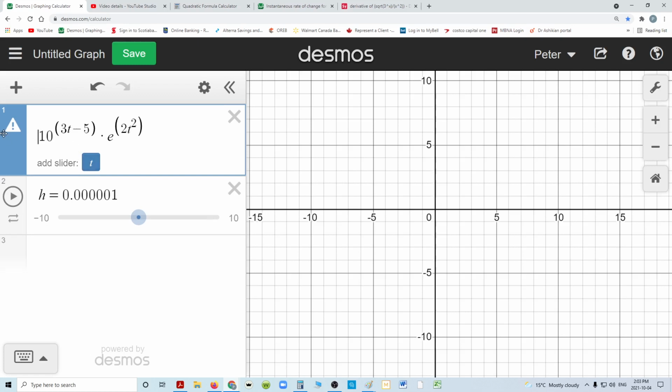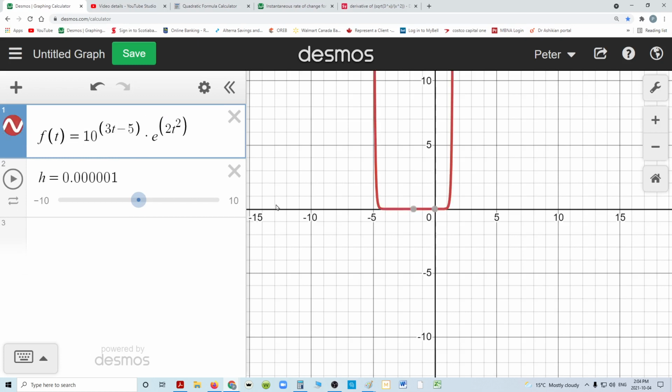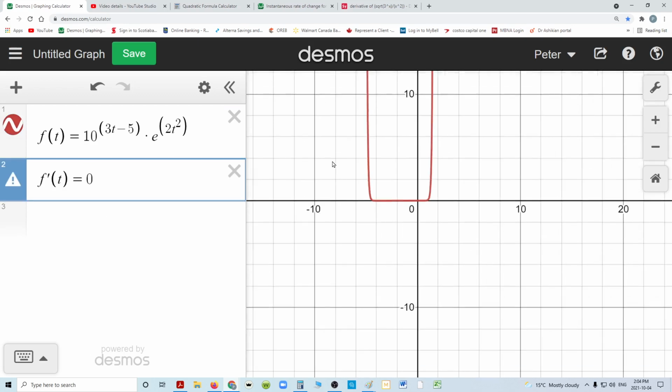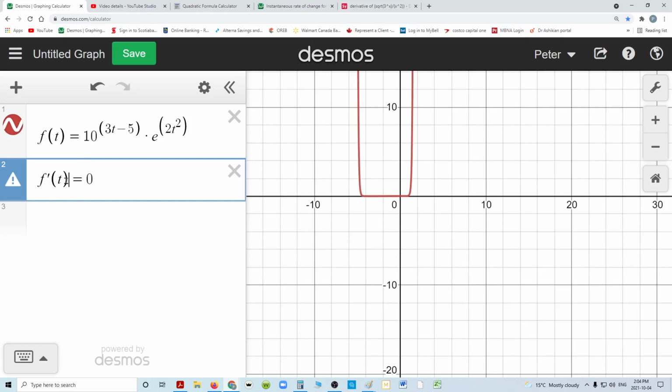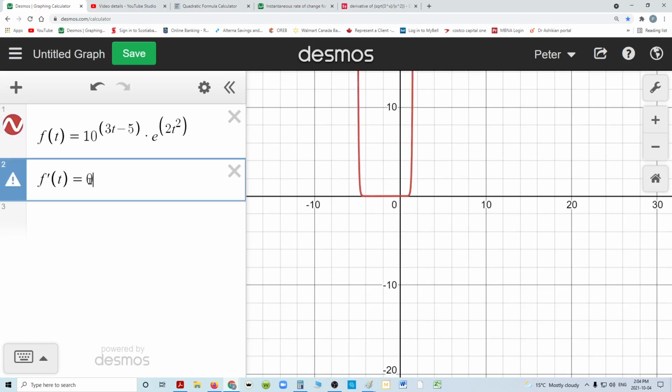And it doesn't recognize. Let's do f of t is equal to that. There we go. And then we're going to find f of t is equal to 0. And it's telling me there's not a 0. Pretty sure there is, though, because that's going to be a min. Interesting.